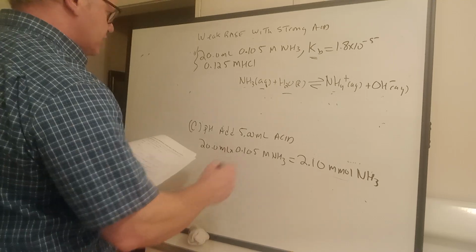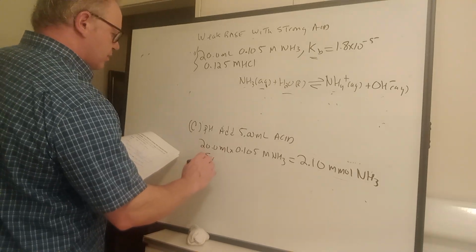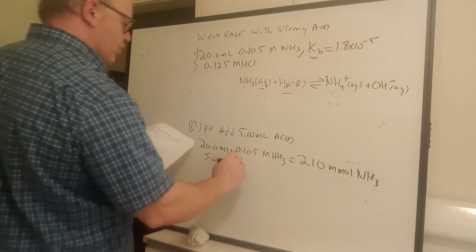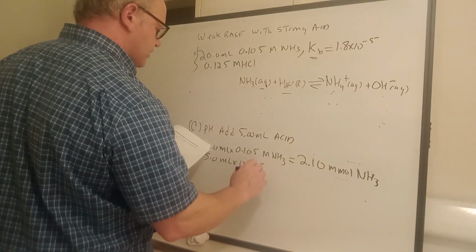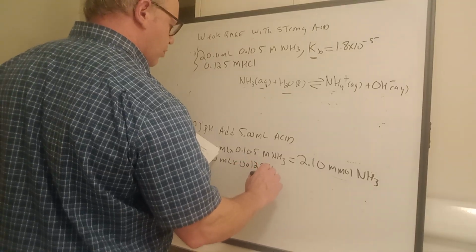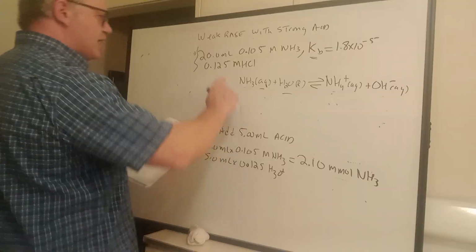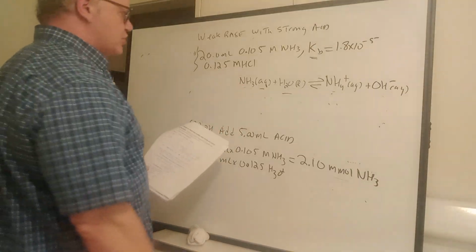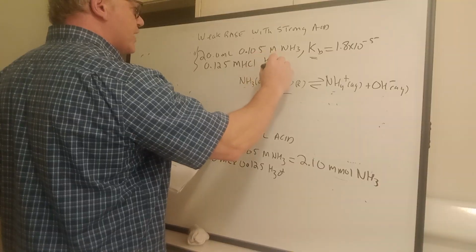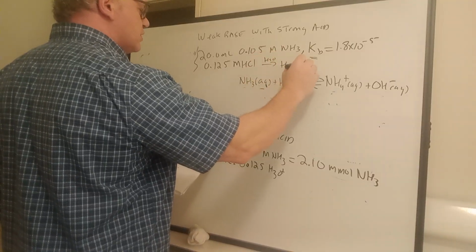And then the acid, we're adding 5 milliliters of it. And the concentration of that is 0.125. I really have to watch myself because I have two similar but different numbers of H3O plus. And in my head, I'm saying HCl is going in water to H3O plus and the Cl minus.